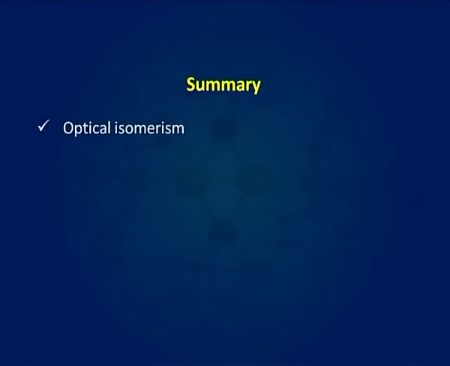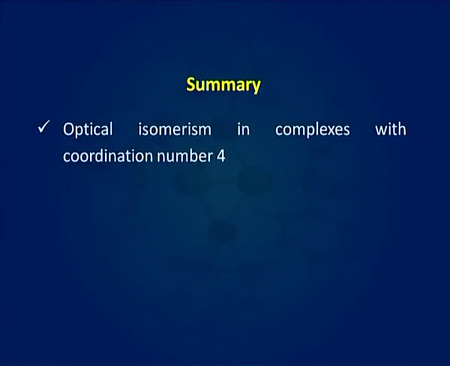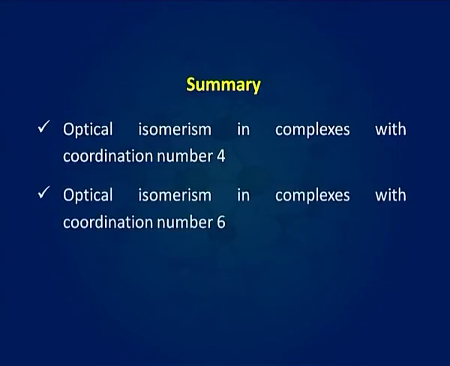Today we talked about optical isomerism, optical isomers, optical activity, the plane of symmetry method, the mirror images method, optical isomerism in complexes with coordination number 4 and optical isomerism in complexes with coordination number 6. In the next lecture, we will continue with valence bond theory.